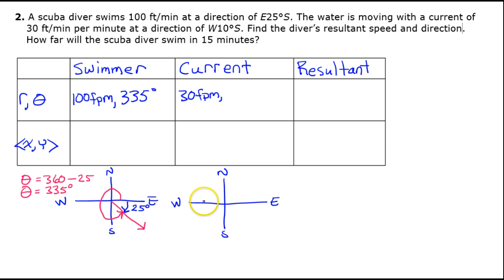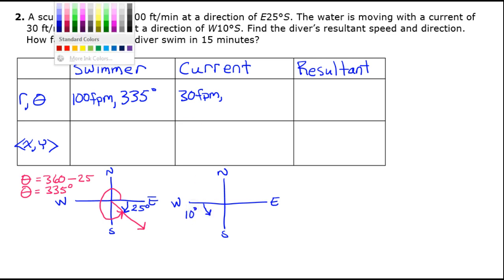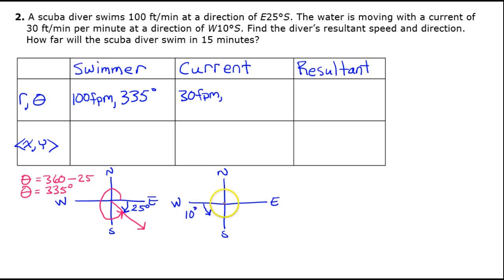Okay, so that means start at west and turn 10 degrees towards the south. So this vector is here. But for the chart, we need the angle that would be measured like this.